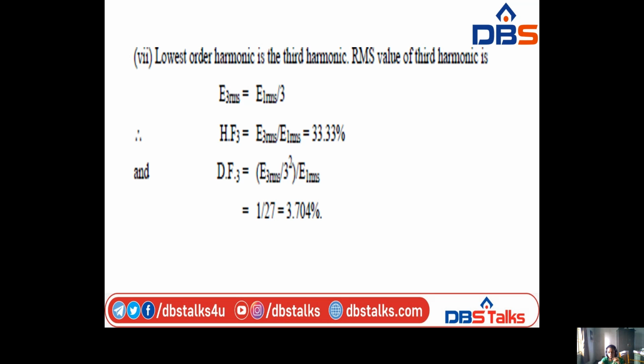Then 1 by 27, you get 3.704 percent. So the lowest order harmonic is the third harmonic, and we have found the RMS value of the third harmonic and the distortion factor.